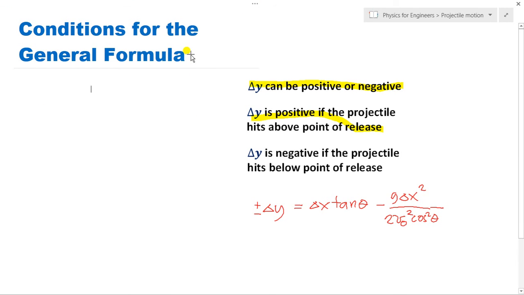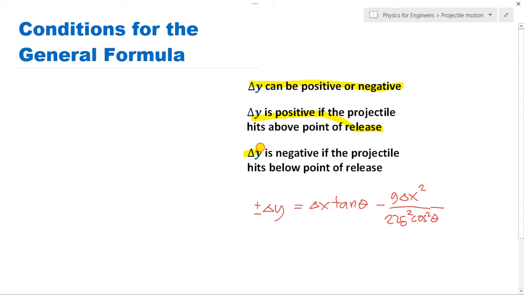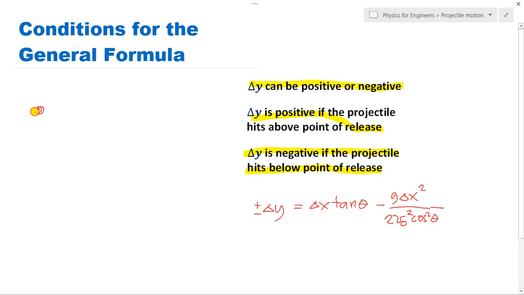So, for our last condition, sabi dito, delta y is negative if the projectile hits below point of release. So, to illustrate that, again, we have an object thrown at a certain angle, theta, with an initial velocity. Then, it undergoes parabolic path, and then it goes downward pa.